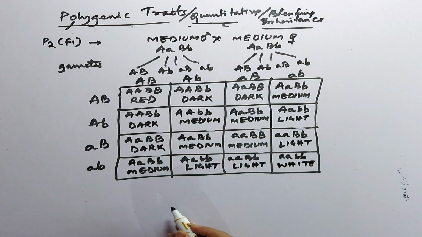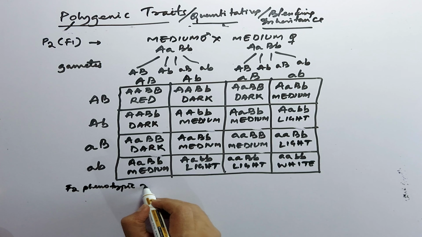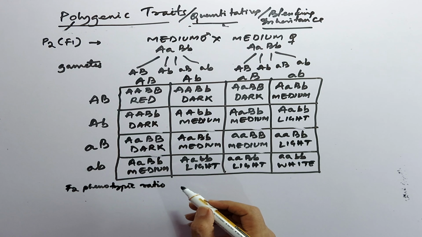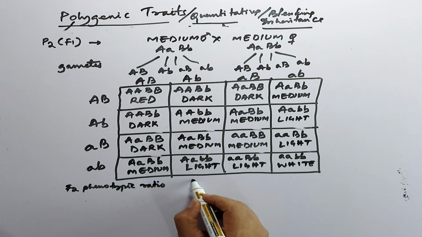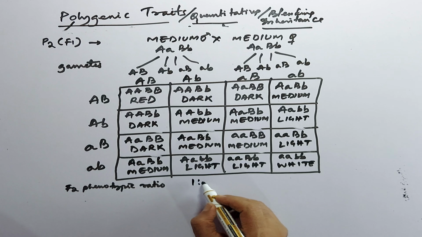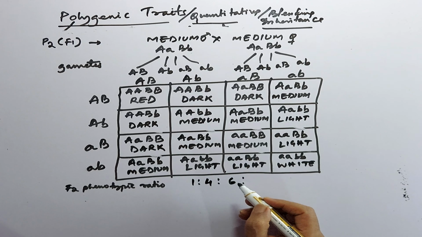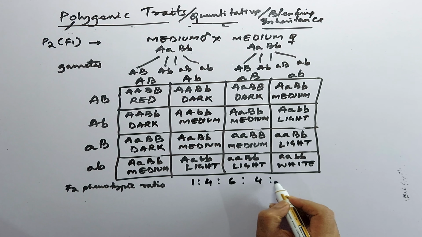So you have to see what are the numbers of different types. So we can get the F2 phenotypic ratio as 1:4:6:4:1.